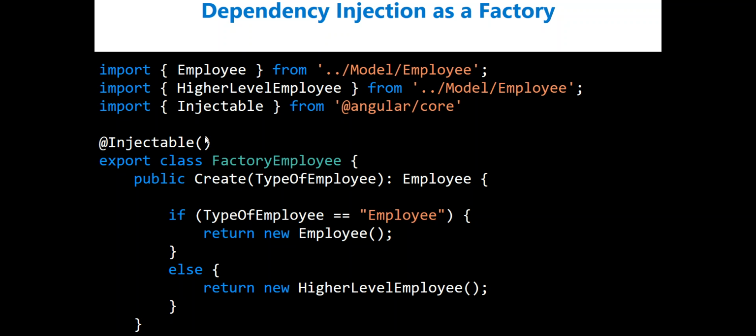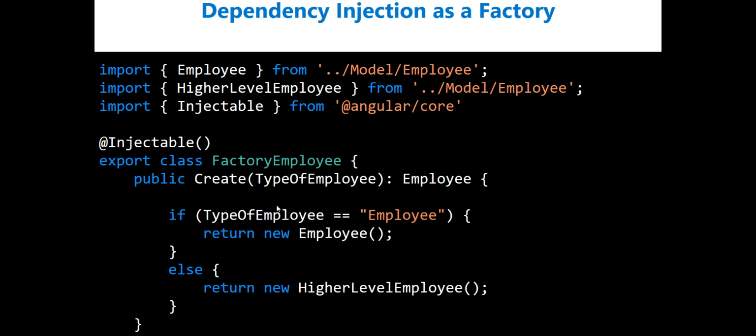Okay, you got it. Any class that is going to be injected with Angular has to be decorated with the @Injectable keyword. It means this factory employee service is going to be injected somewhere. That is why we have decorated it with the injectable keyword.